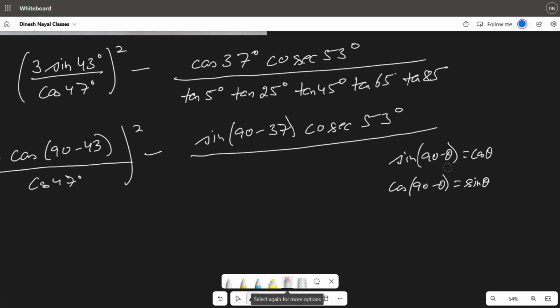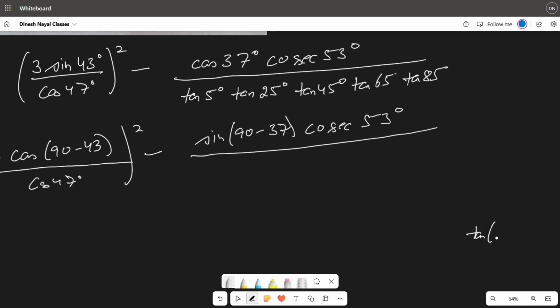And also we know that tan 90 minus theta is cot theta, and cot 90 minus theta is tan theta. So tan 5 degree we can write as cot 90 minus 5, because cot 90 minus 5 will be tan 5.